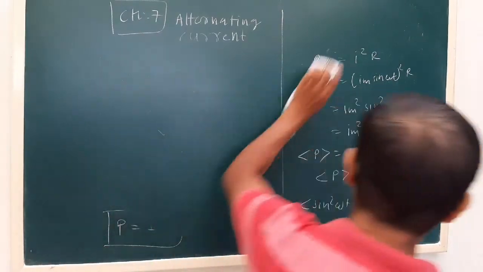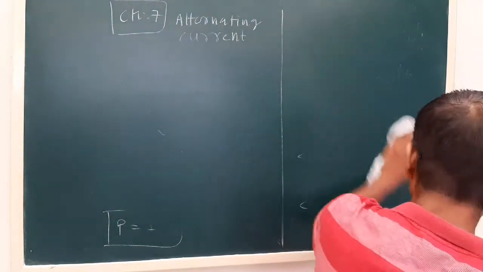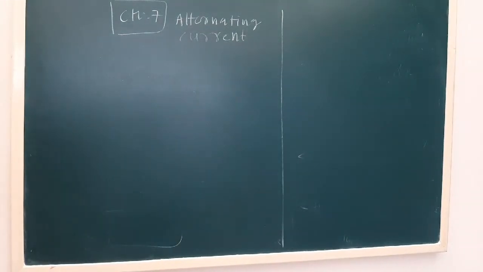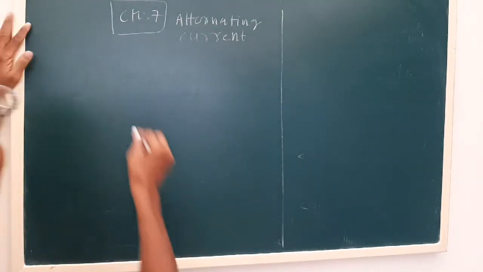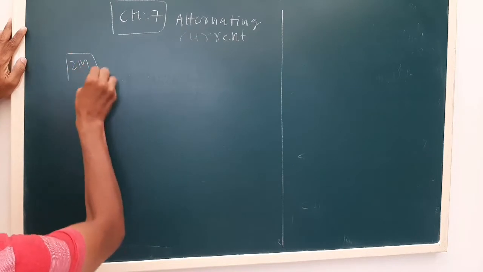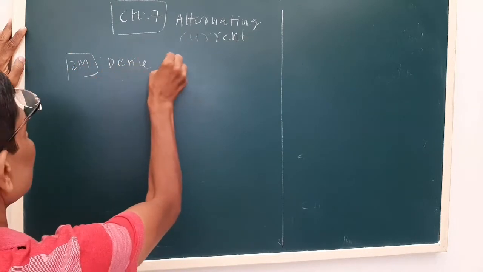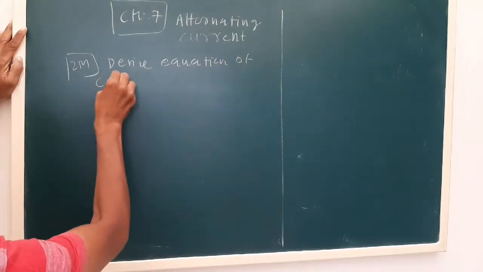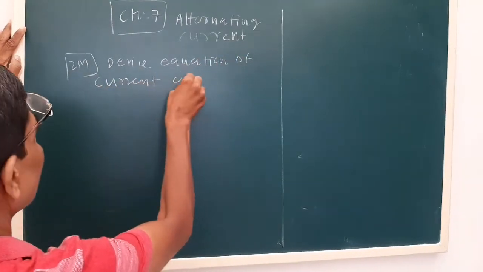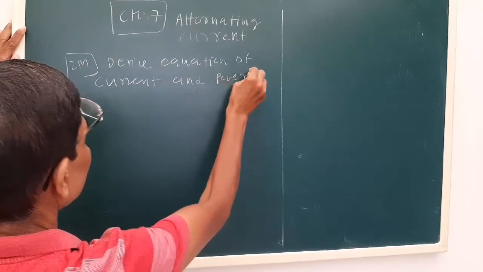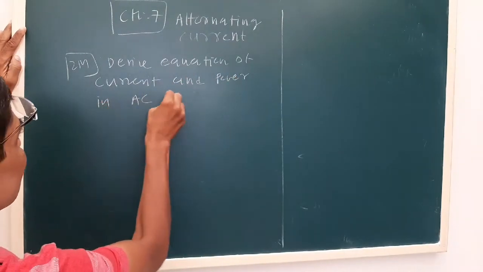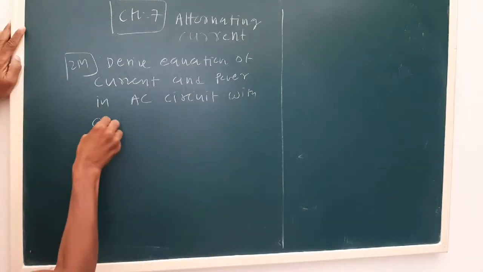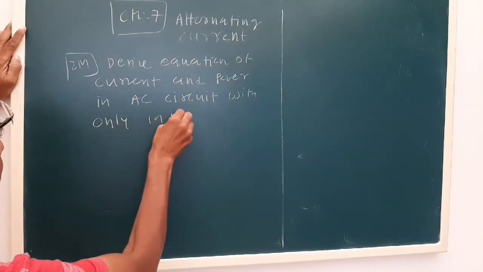Now the another important component of the circuit is the inductor. So now our next question: derive the equation of current and power in an AC circuit with only an inductor.